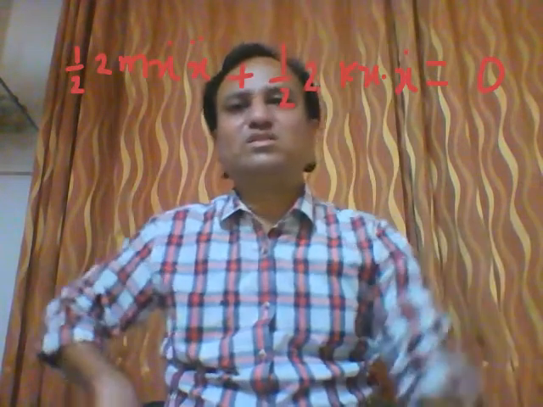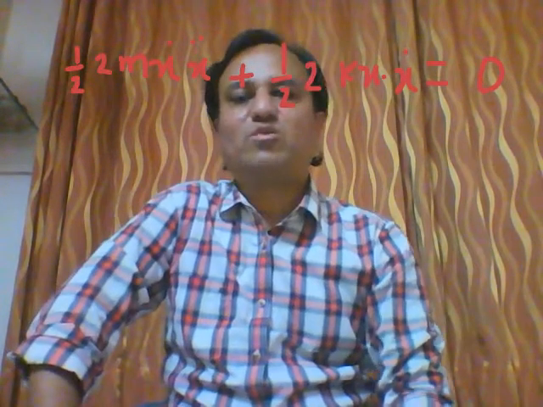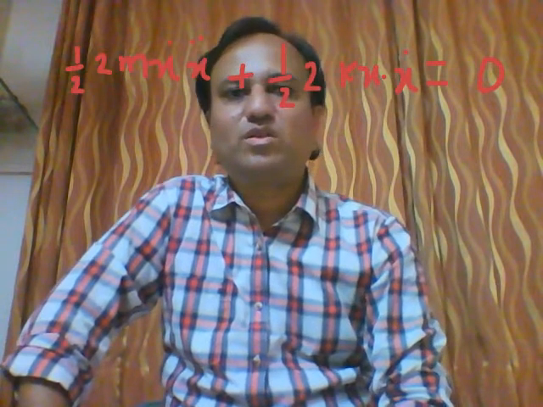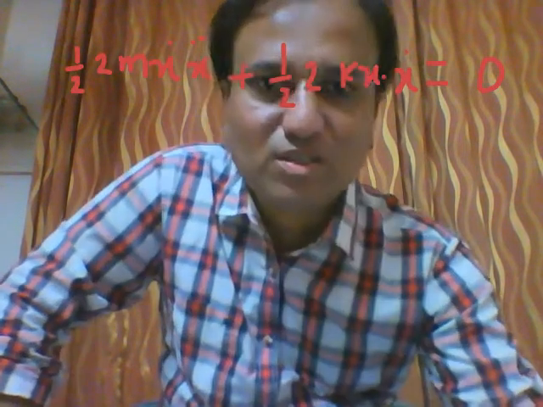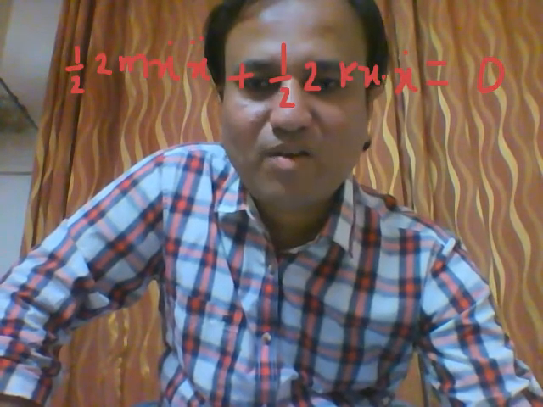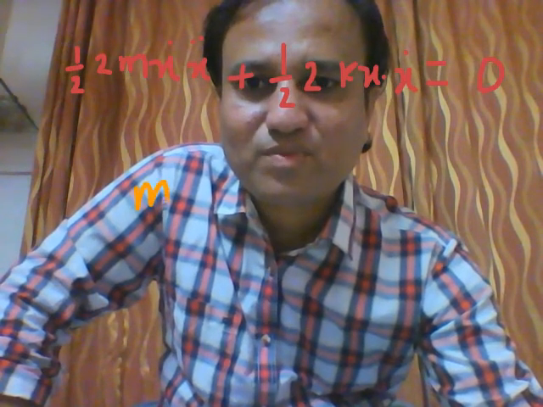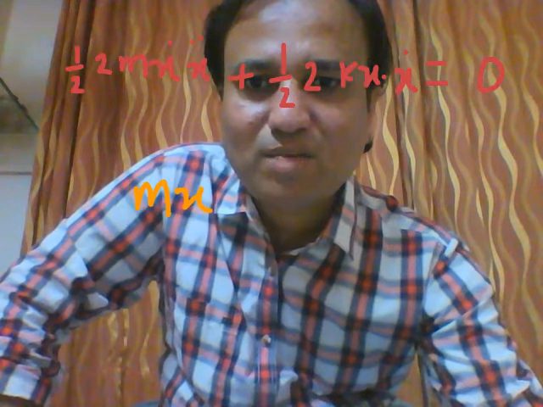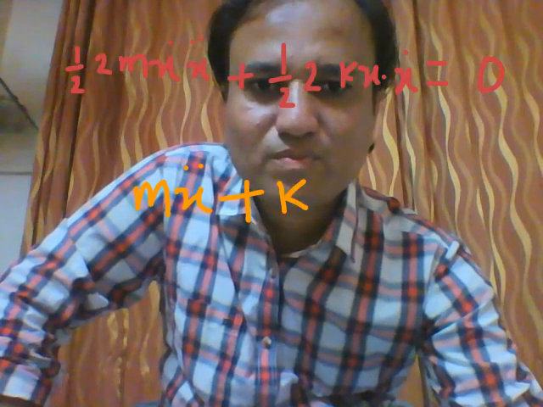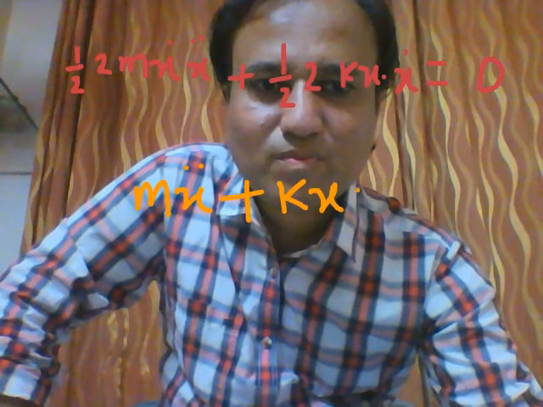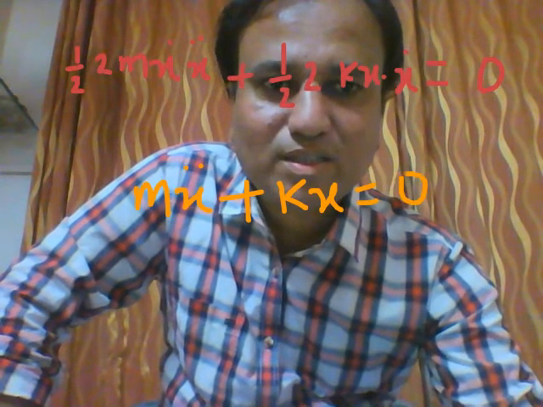So students, simplify this equation. 2 gets cancelled, and x dot gets cancelled. I get the relation m x double dot plus kx is equal to 0.